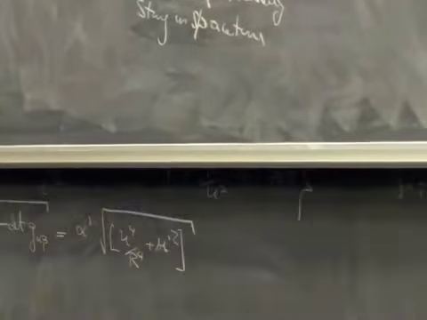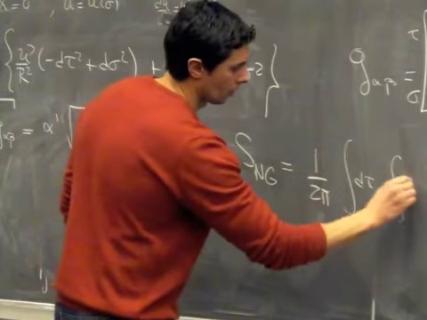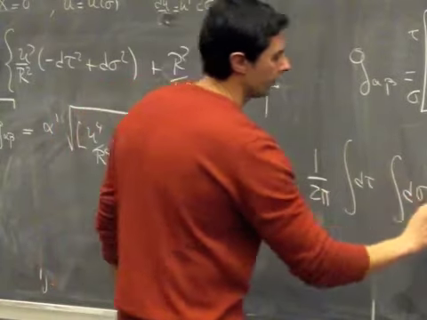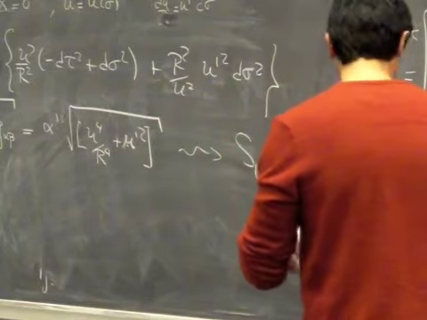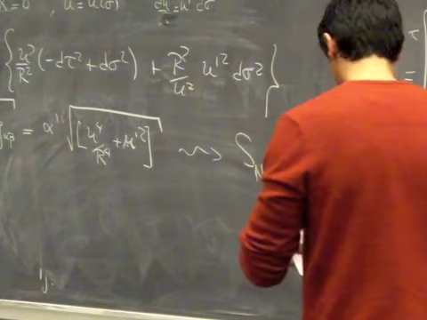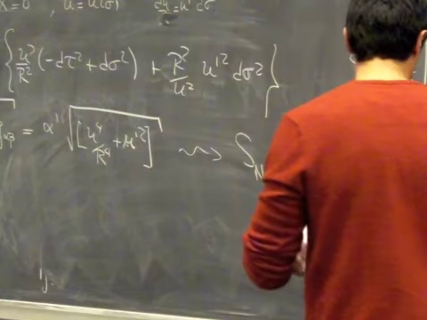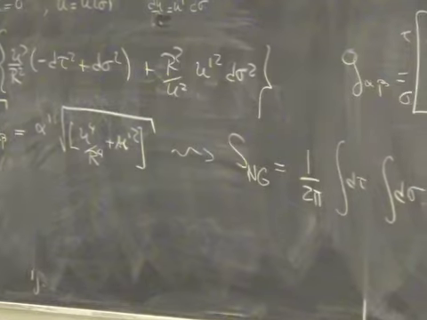That is the fact that the alpha prime will drop from this calculation. This is the action here and here.